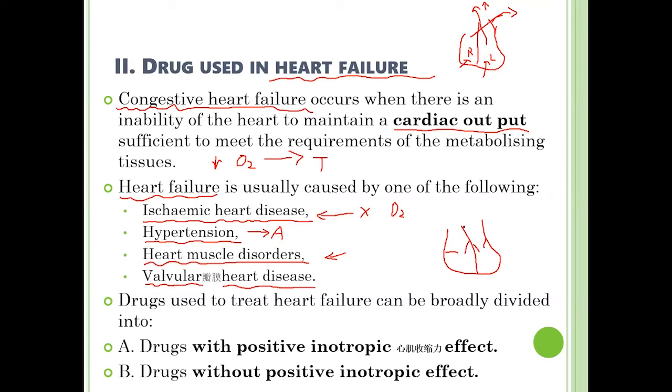And another 2 valves basically, one is on the aorta, one is on the pulmonary artery. So any valve trouble can cause blood flowing problems. And gradually later on will cause heart failure.